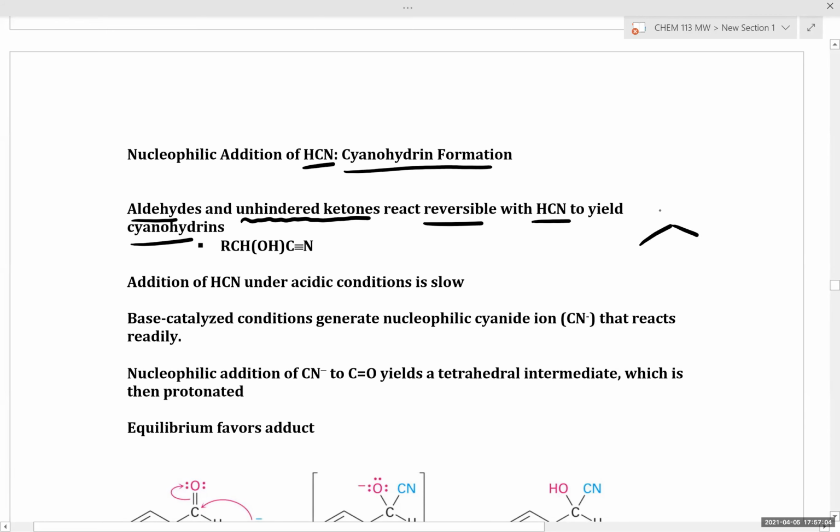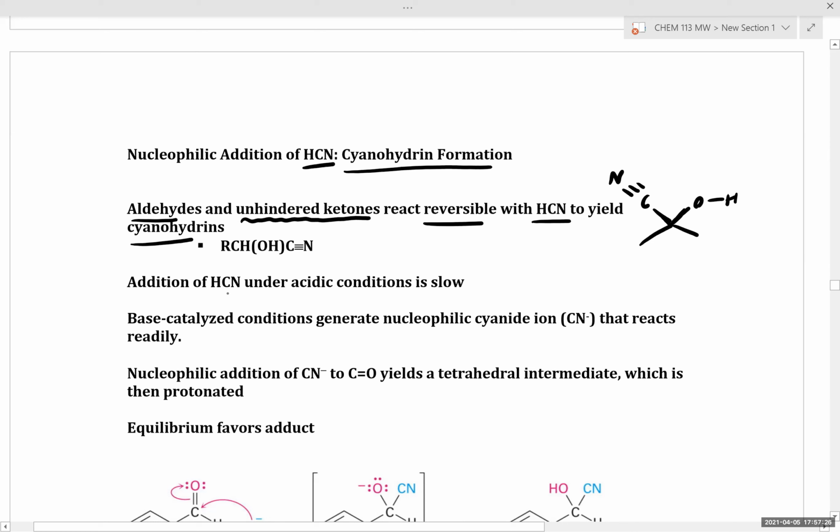So to give you a sense of what a cyanohydrin looks like, we have an sp3 hybridized carbon atom containing an alcohol and a nitrile functionality.